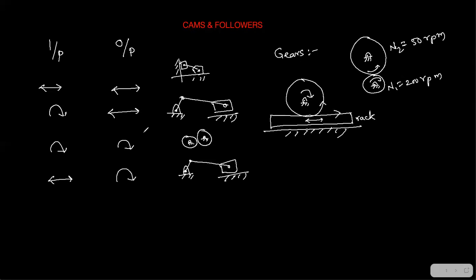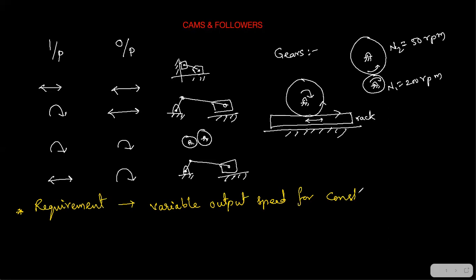But when it comes to cams and followers, sometimes we have a different requirement. The requirement in our mechanism is that I need variable output speed for constant input speed.